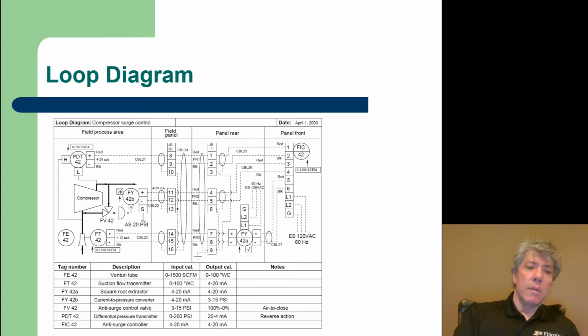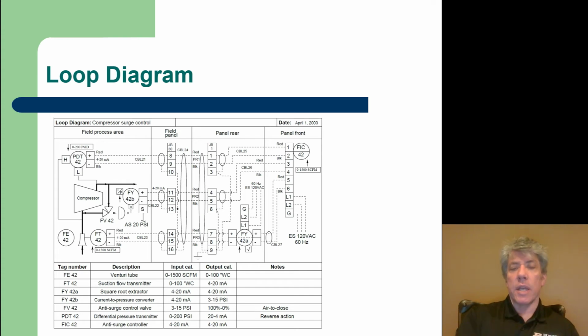But the PDT42, that pressure differential transducer, is our element that's measuring and transmitting the signal to the flow indicating controller. And of course it measures a 0 to 200 psi signal, so that's the maximum pressure, I guess, that we want to measure across this compressor. But notice it outputs a 20 to 4 milliamp signal.